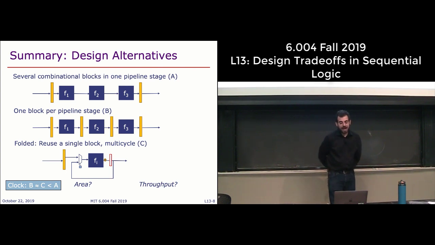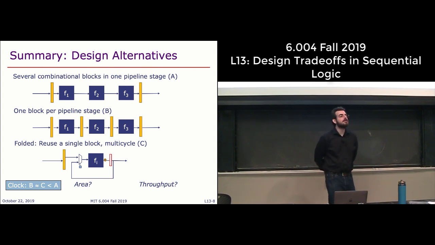So A is going to be the one with the highest propagation delay and therefore the highest clock cycle time. And then between B and C, there's one F between each register, and there's some additional logic here. So typically C is going to be clocked a little bit slower than B, but that's basically an implementation detail. That's in the noise. They're typically about as fast.